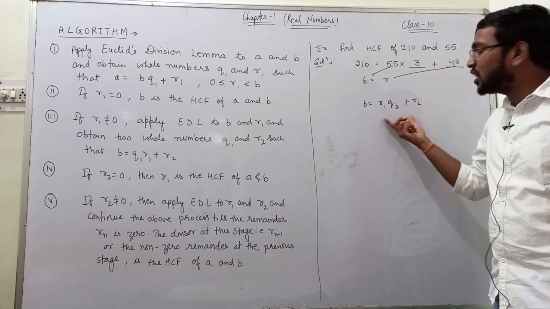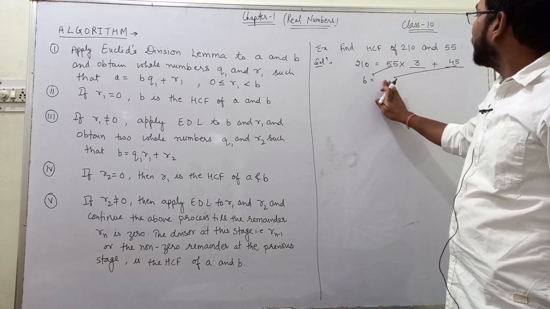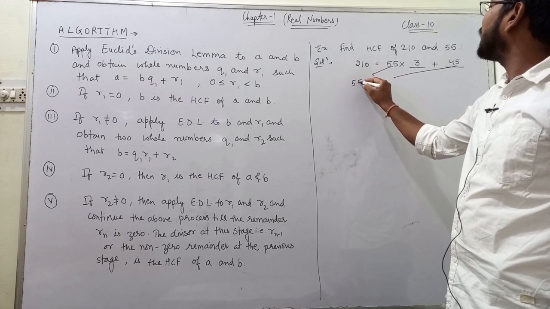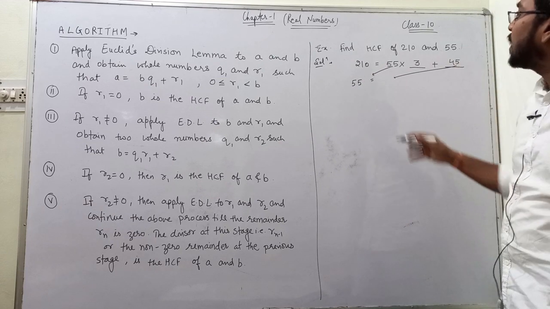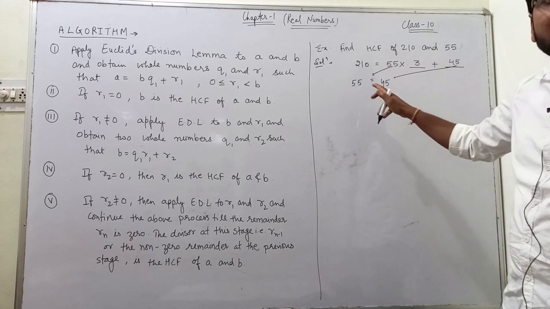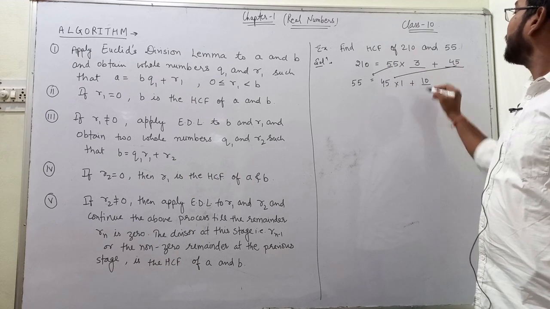Now if I put the values of b and r, I get here 55 and here 45. Now I can see that 55 is divisible by 45 one time and the remainder will be 10.